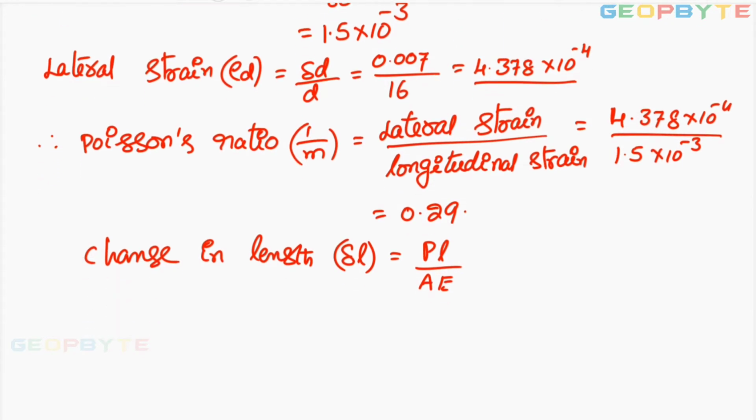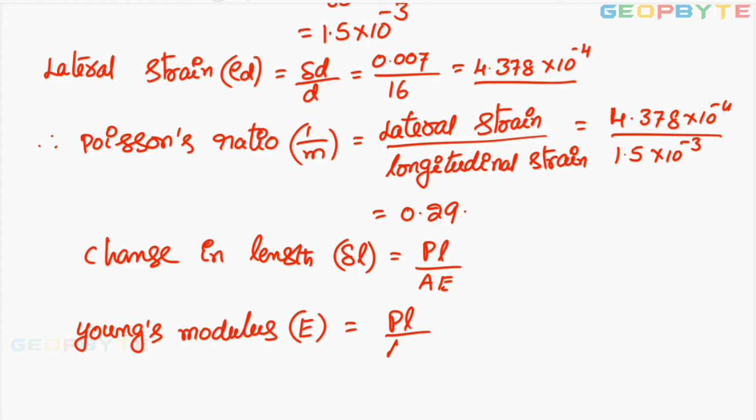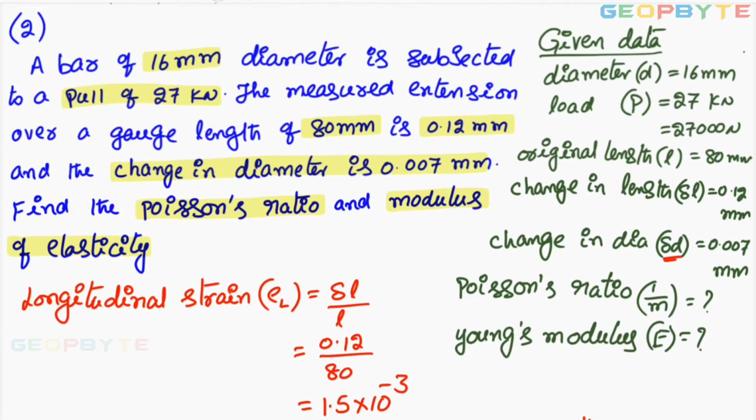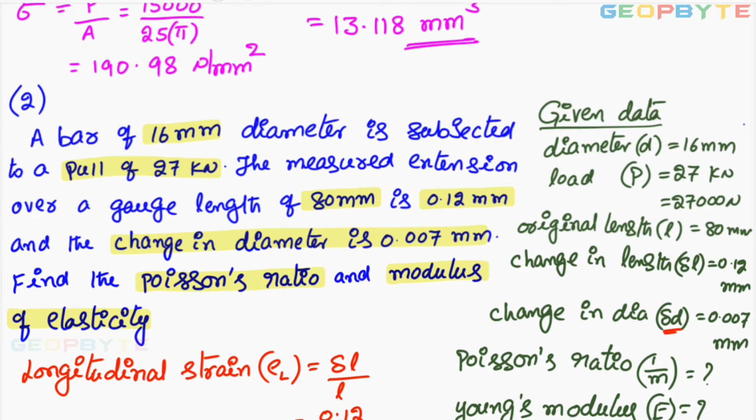From that, Young's modulus E equal to PL by A into delta L. The load value P given is 27,000 newtons.